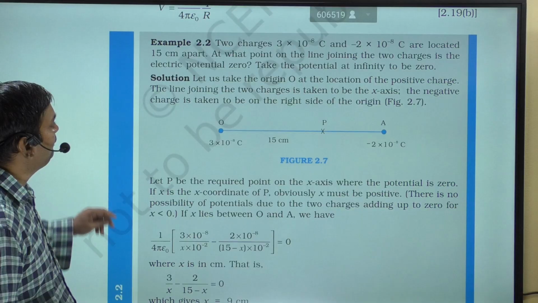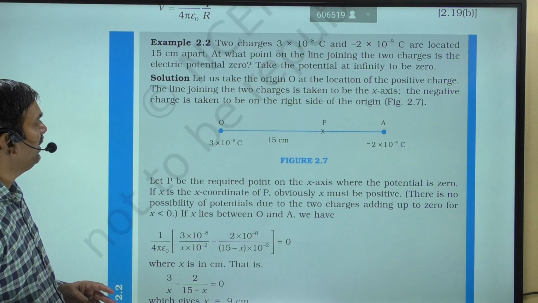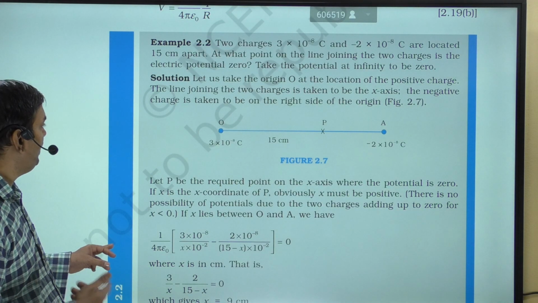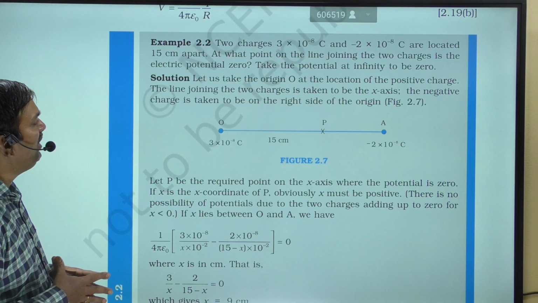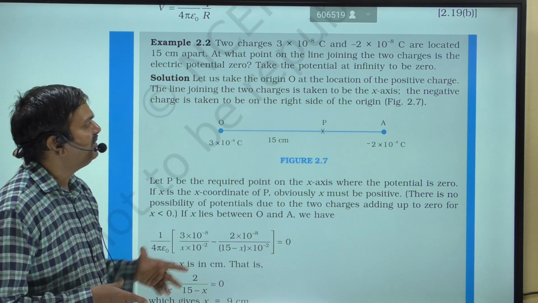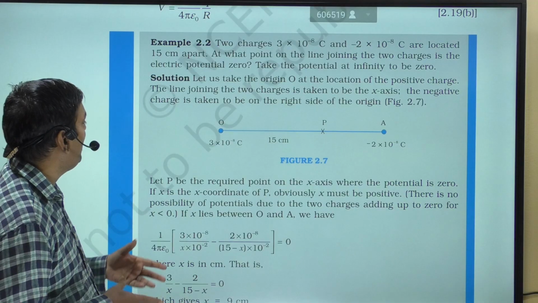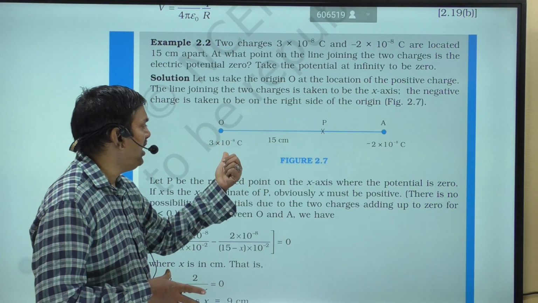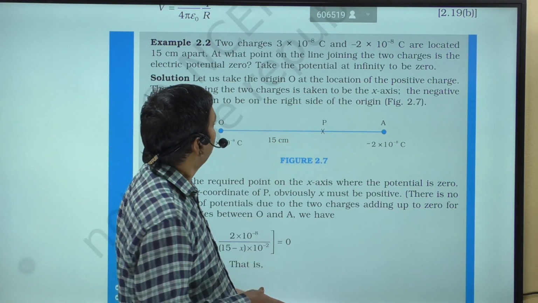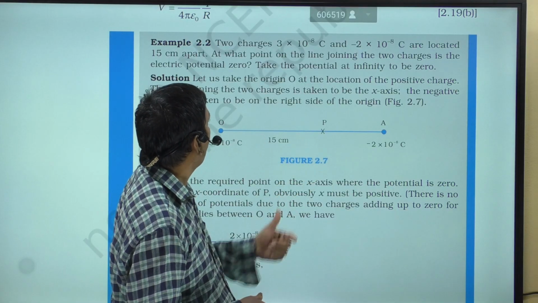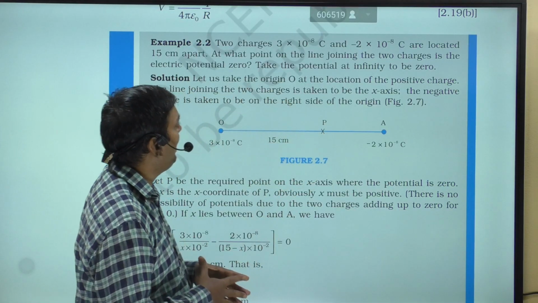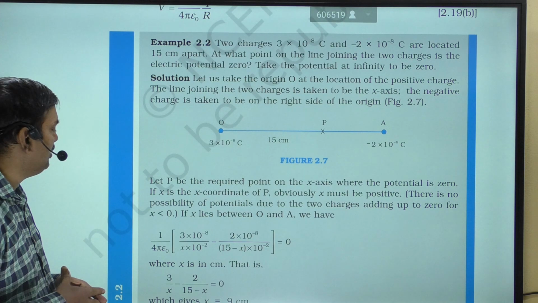Now, you may be given problems like two charges of so-and-so values located 15 centimeter apart; at what point on the line joining the two charges is the electric potential 0?